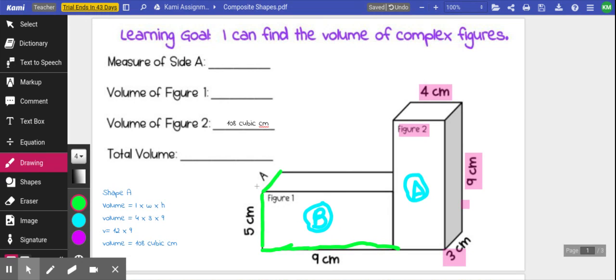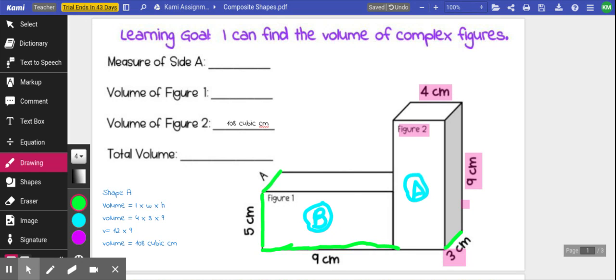We do not have that dimension. We need to use shape A's width to figure out this missing dimension. So here in shape A, we saw how wide this shape was. We saw this shape was 3 centimeters wide.